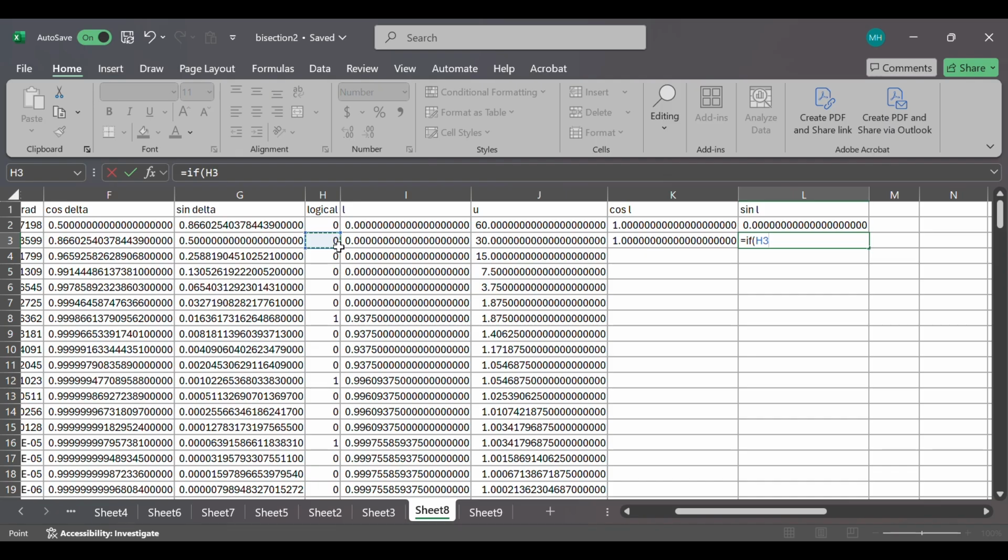Sine value is if the logic is 0, we keep the old value of sine. If it's 1, then we use sine L cosine delta plus cosine L times sine delta.